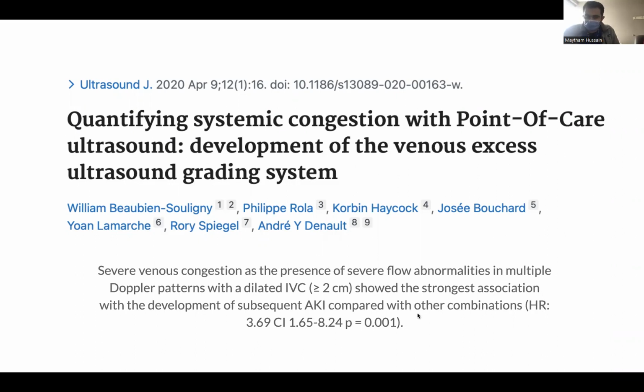As you can see, the results of this trial, they did have a hazard ratio of 3.7. But we'll look at some caveats as to VExUS later on, and this would be one of them, that this study was mainly done in cardiac surgery patients, and whether or not you can generalize it to the general population or patients on the medicine floor.